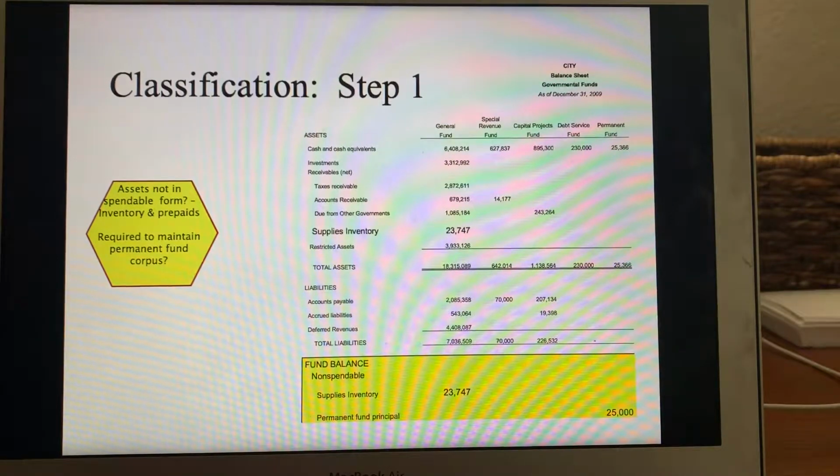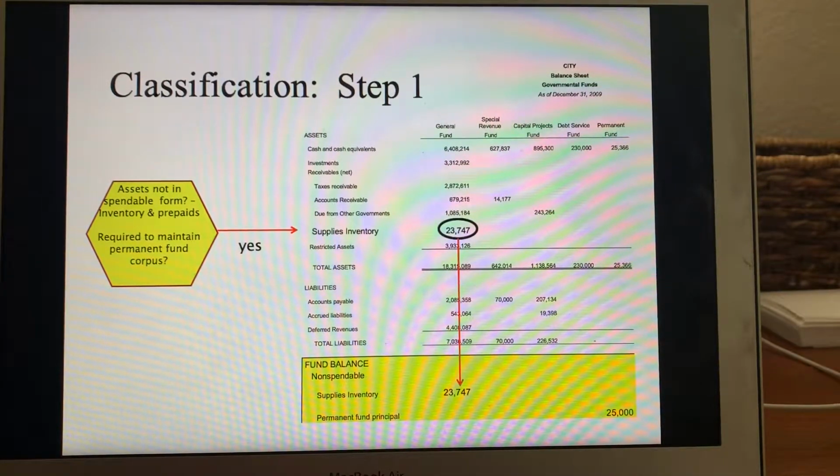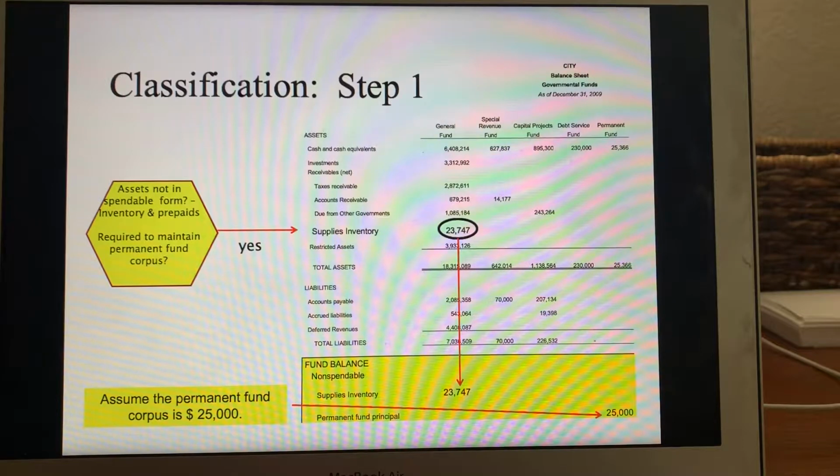And then supplies inventory, and it says 23,747. Permanent fund principal, 25,000. So we say yes for the supplies. Assume the permanent fund corpus is 25,000.